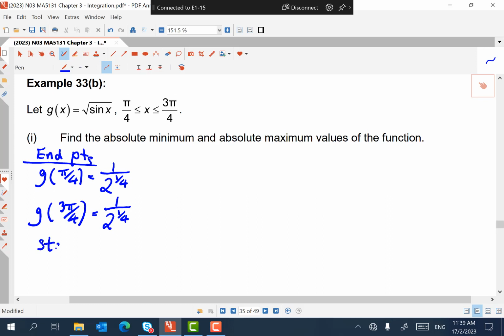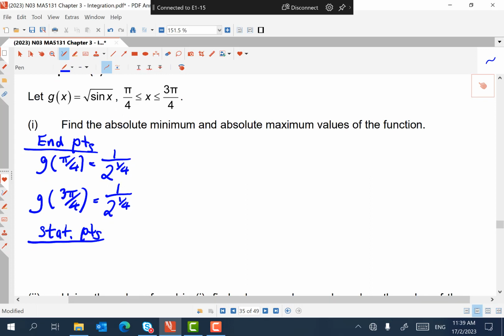Then next thing is actually the stationary points. Okay, where is the stationary point? Aditi says pi over 2 is a critical point. Why is pi over 2 a critical point?